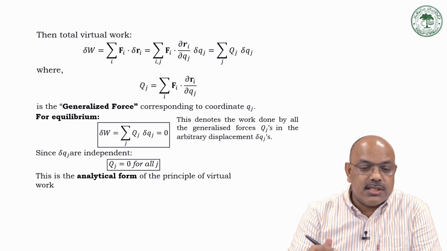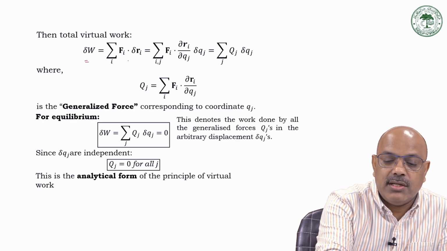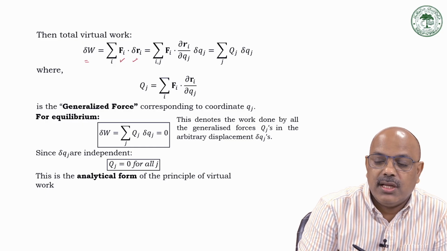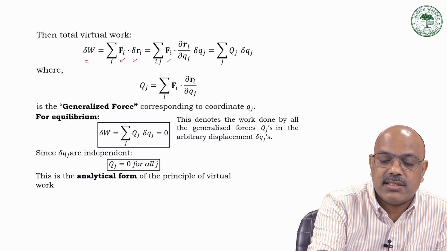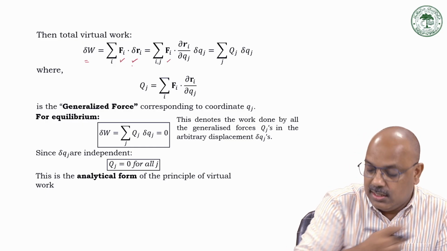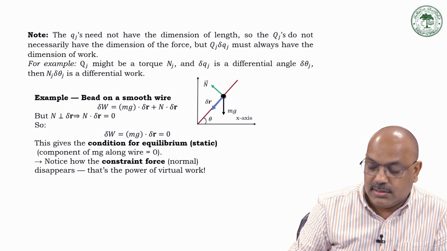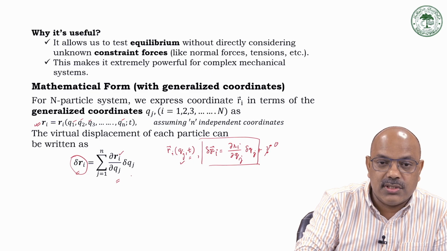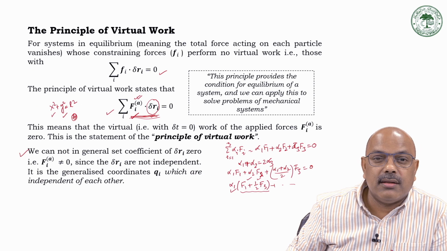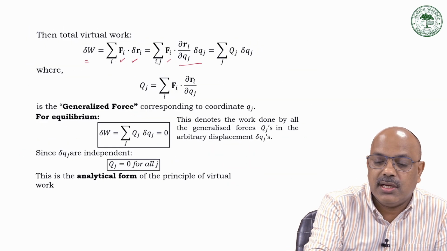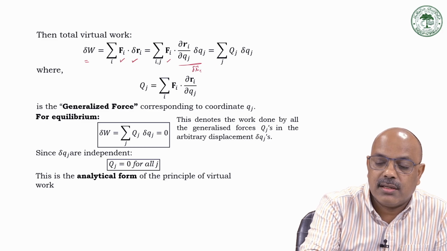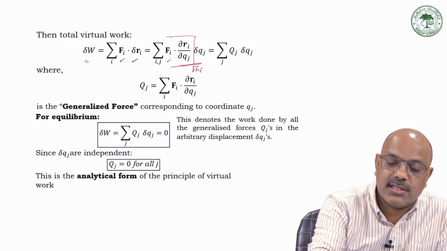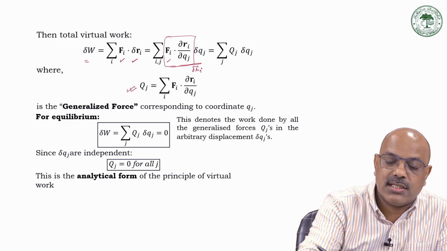So the virtual work delta W is Fi dot delta Ri, the applied forces dotted with the virtual displacement. If I put the expression for delta Ri here, which is the partial of Ri with respect to qj times delta qj, then this quantity, Fi dot the partial of Ri with respect to qj, is known as the generalized force.